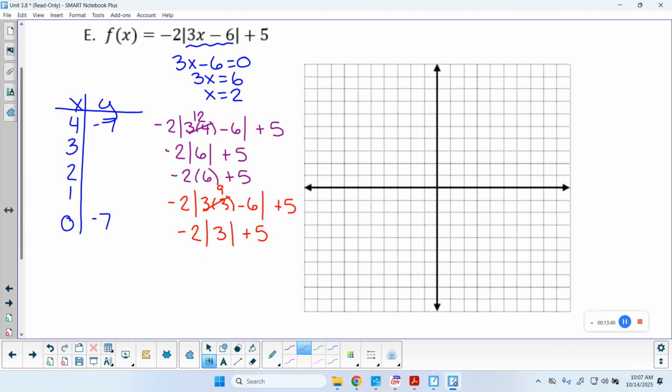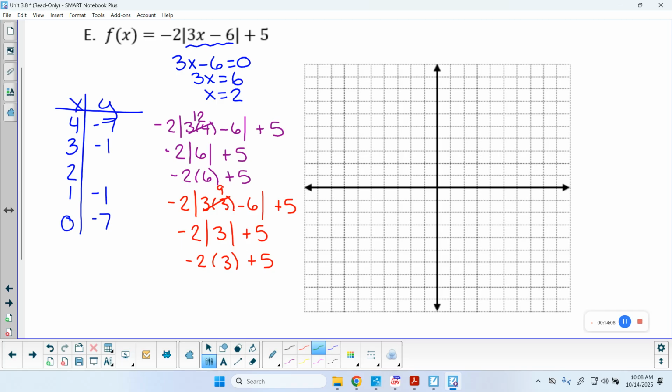Now, absolute value of 3 is just 3. So it means we have -2 times 3 plus 5. -2 times 3 is -6. Add the 5, and we get a y value of -1, which means 1 will also be -1.